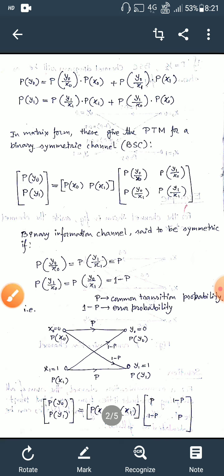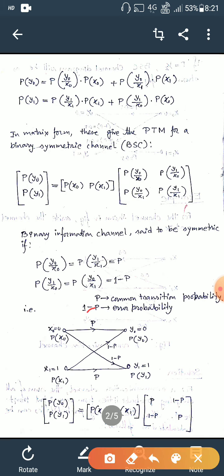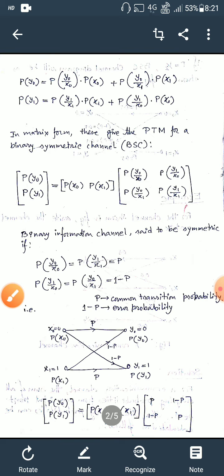So the figure can be modified. For the binary information channel, the figure will be modified in this form, where p of y0 given x0 is defined as p, because this one is equal to p. You just put this value in this position, and p of y0 given x1 can be represented as 1 minus p. So ultimately you get the binary information channel.